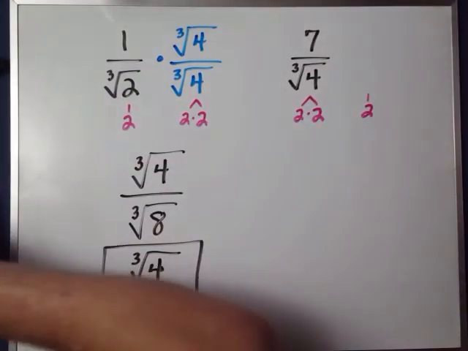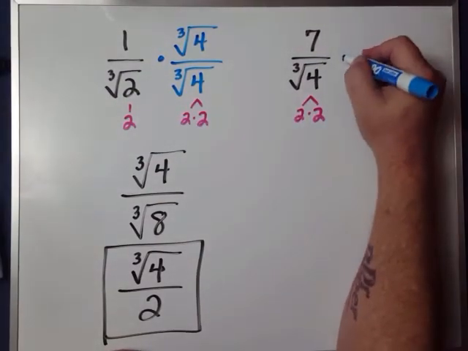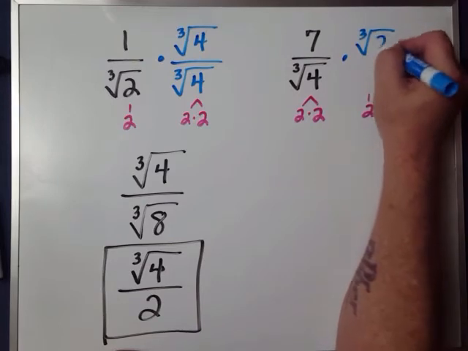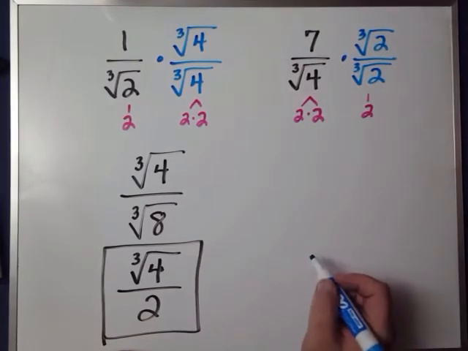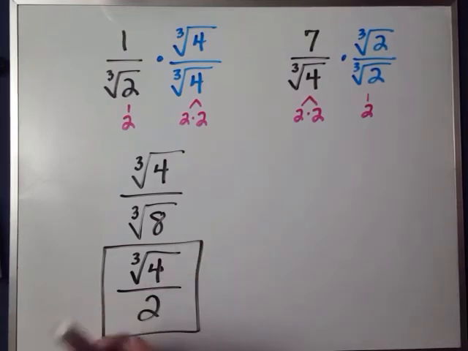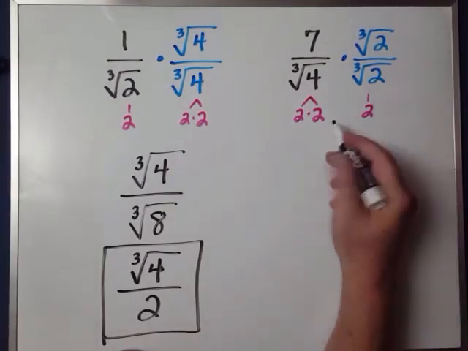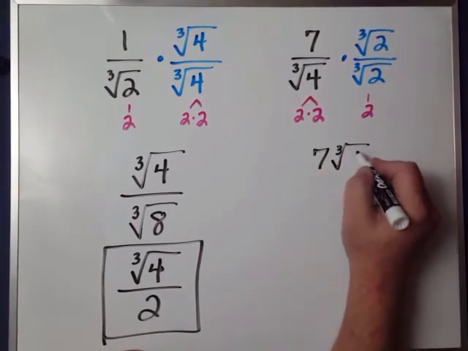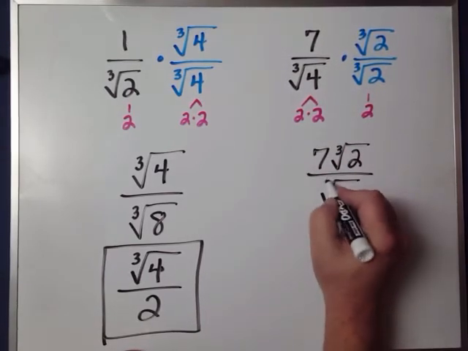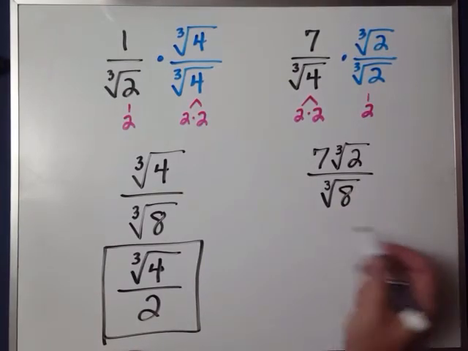I need to multiply the top and bottom by the cube root of that one more 2. Because now, in the bottom, that will give me a cube root of 8. In the top, it's 7 cube roots of 2. In the bottom, it's a cube root of 8, which is just 2.